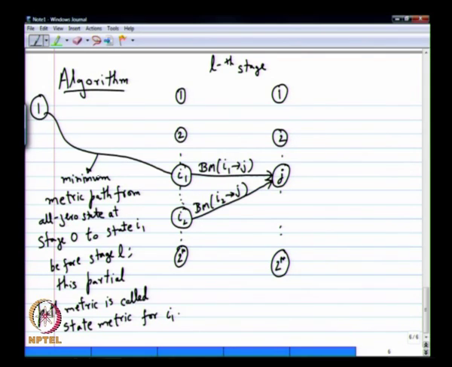This minimum path I will denote as what? It is usually called the survivor path. So I will call it SP for I1. It is usually called the survivor path, the minimum metric path from all 0 state to I1, and the metric of that path is called the state metric for I1. I have to also index it by L, so I will put an L on top. Both these guys will have state metrics.